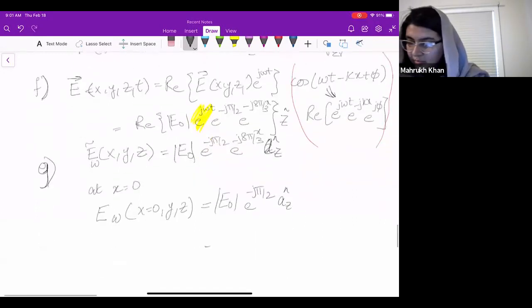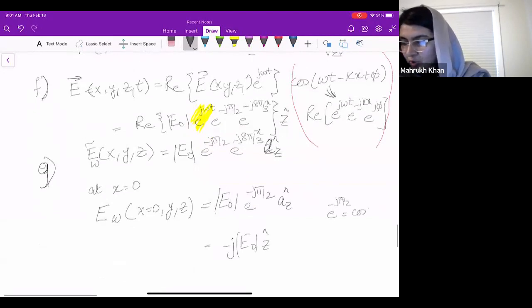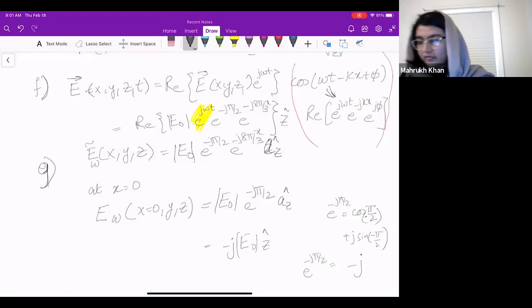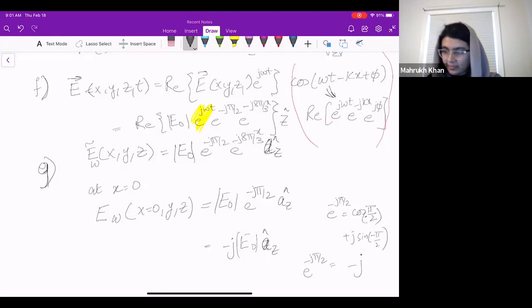I can also write this as minus j E naught z. Why? Because e^{-jπ/2} can be written as cos(π/2) plus j sin(-π/2), and cos(π/2) is 0, so it becomes minus j. So e^{-jπ/2} can be written as minus j. Sorry if my unit vector is sometimes z and a_z, it's just the same thing. So are we clear about this?